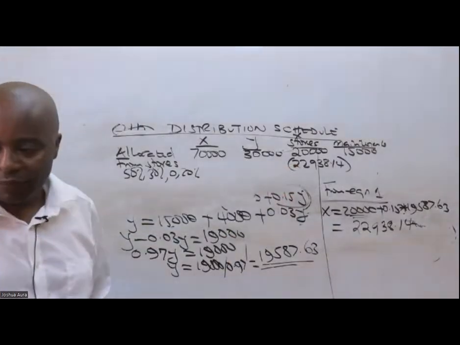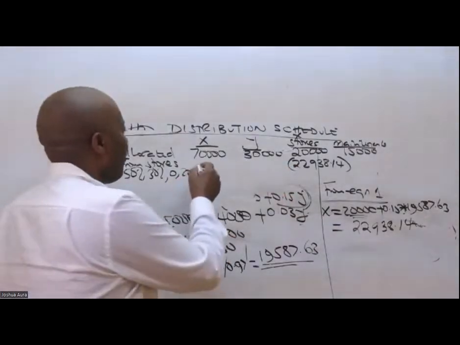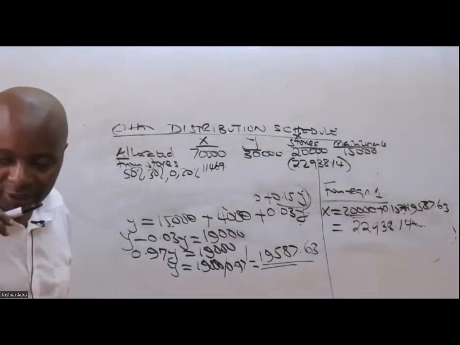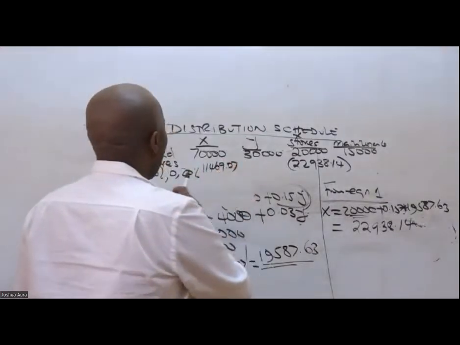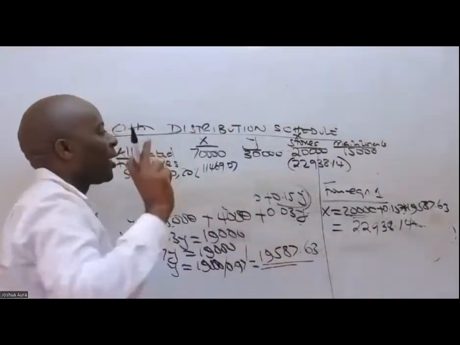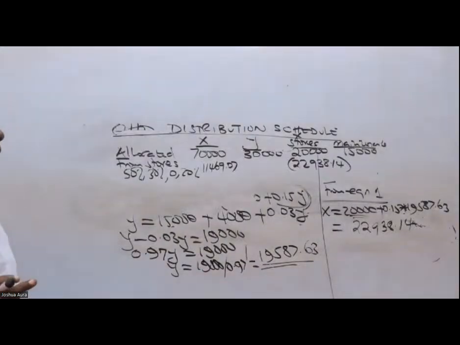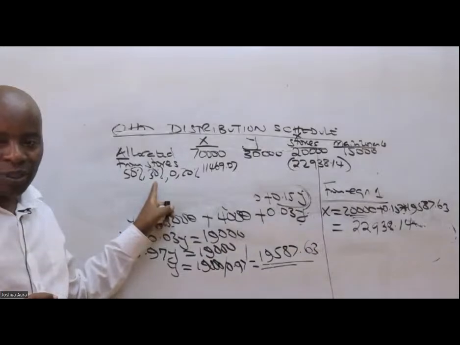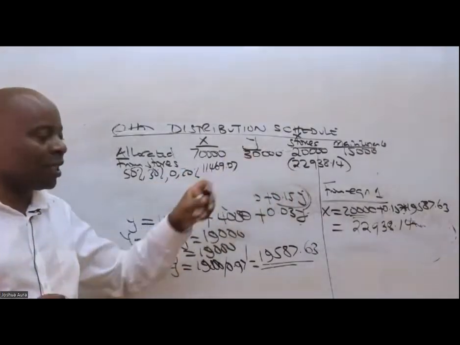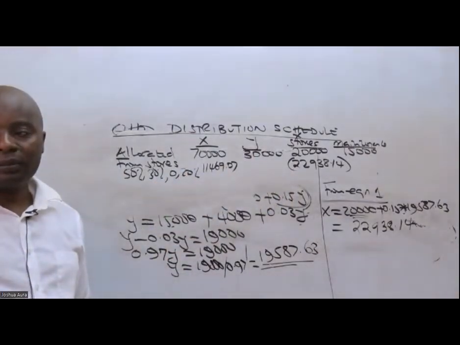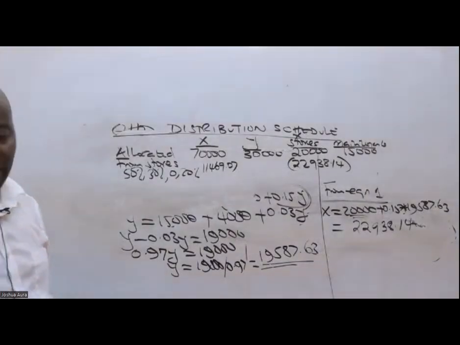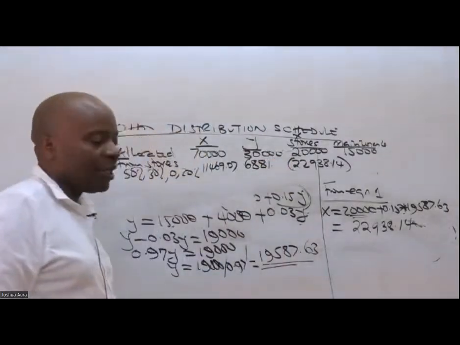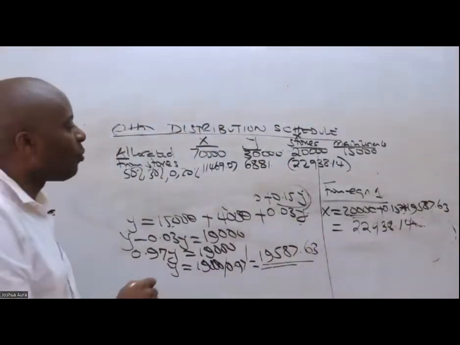What are we getting there? 11,469.07. How about 30% of this? I'm now on to the second percentage. We have 6,881.44.